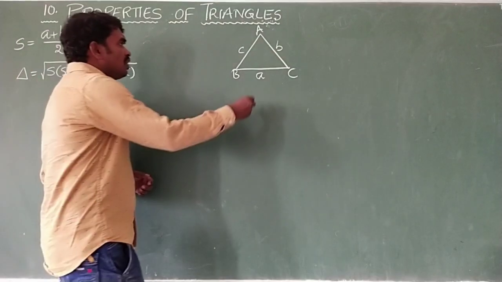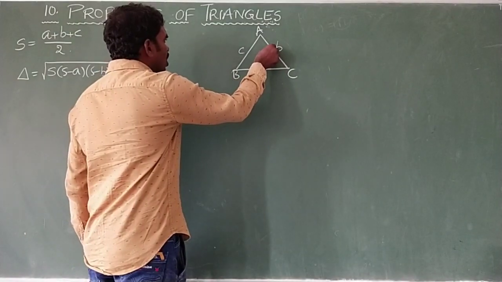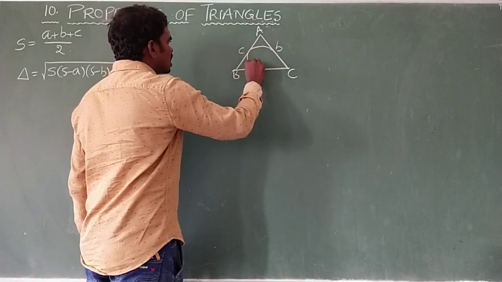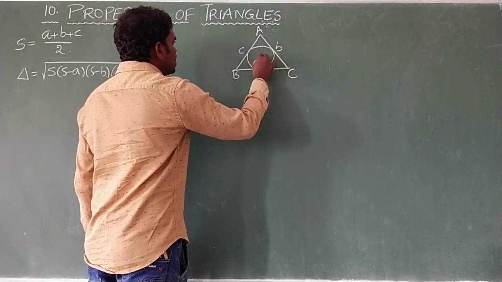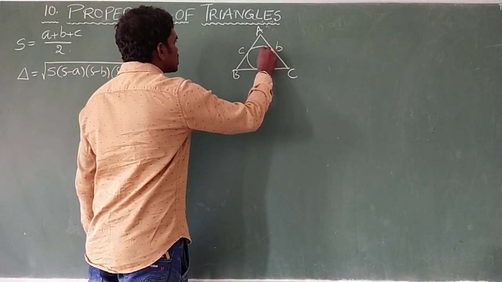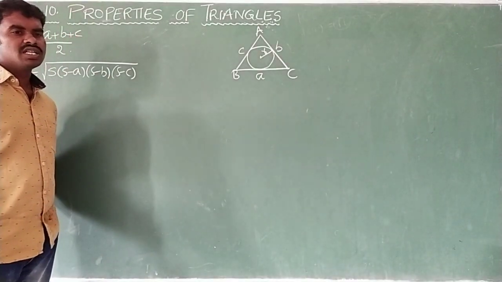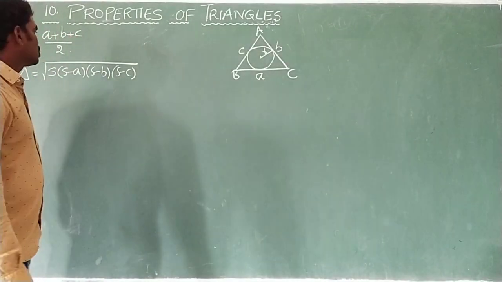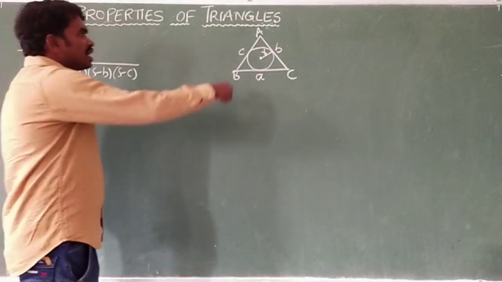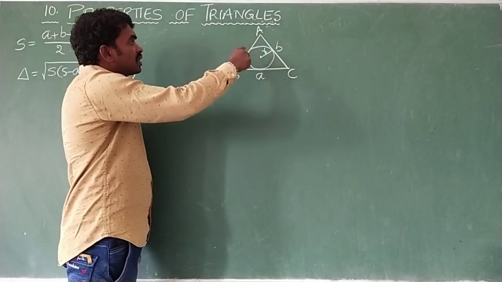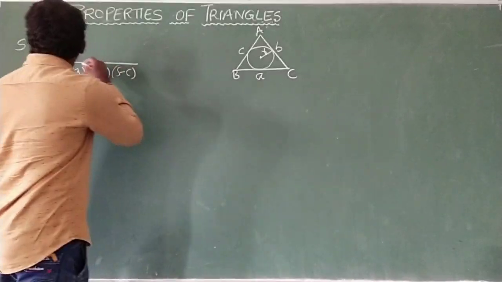Next, if you draw a circle inside this triangle, that is called the incircle, and the radius of the incircle is taken as small r. The area is denoted by delta, semi-perimeter is denoted by S, delta means area of triangle, small r means radius of incircle.